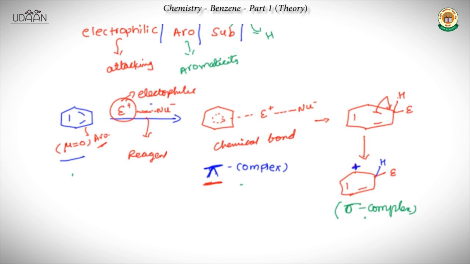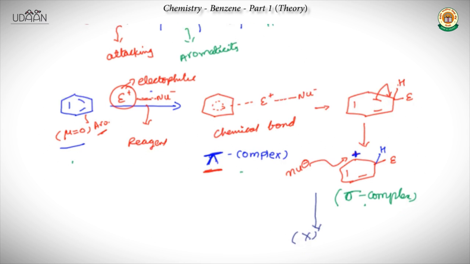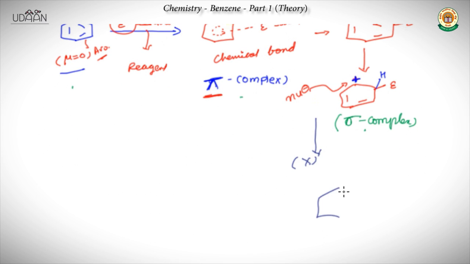As a result of it, now if you try to add any nucleophile to this, the reaction won't occur. This is because, suppose the nucleophile has attached to it, you will have hydrogen here, electrophile here, and a nucleophile here.